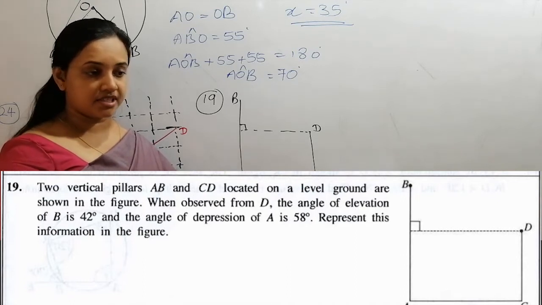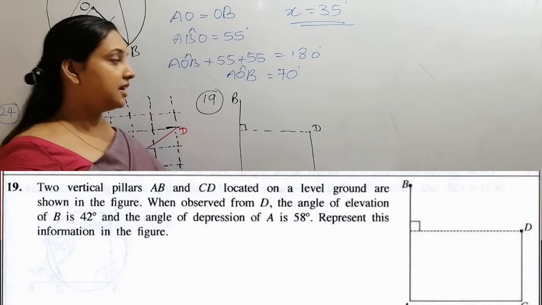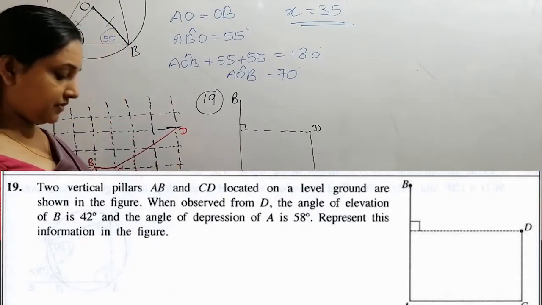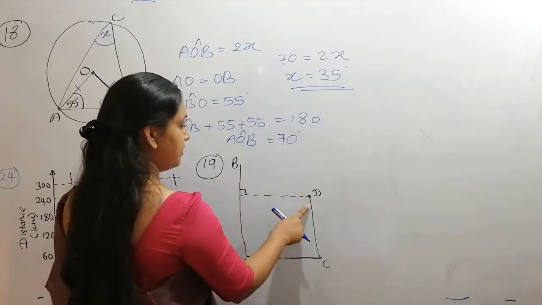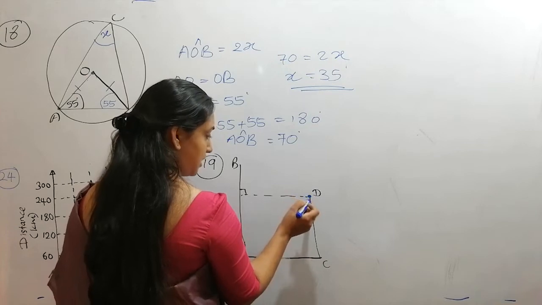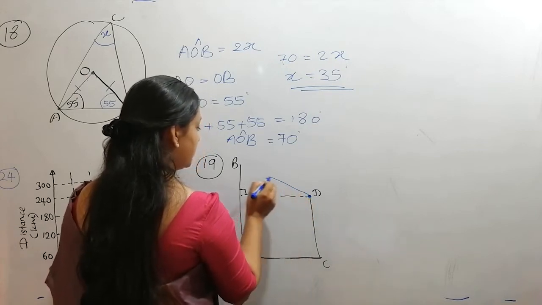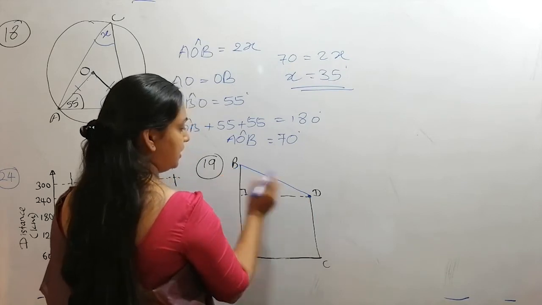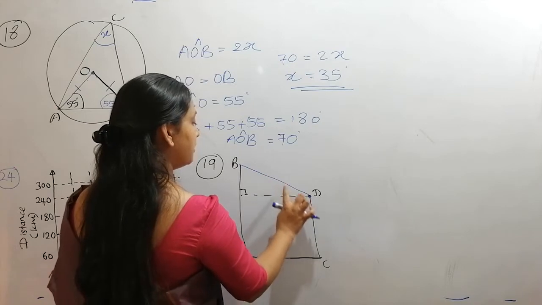Represent this information in the figure. The angle of elevation when B is observed from D. If a person is at location D and is going to observe point B, then he should observe along this path.